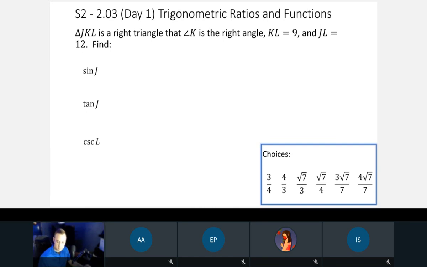Another 35 seconds. All right, what is the answer to the first one? Three-fourths, Antonio says.